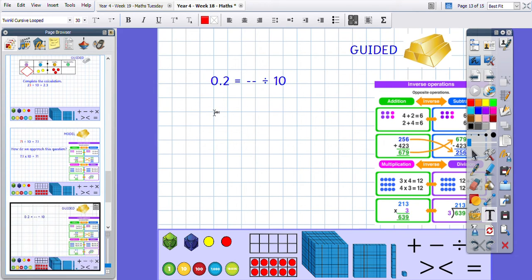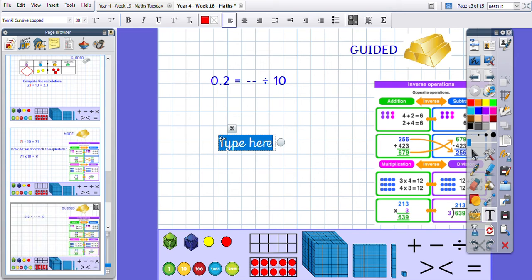Another one then, we've got 0.2 equals something divided by 10. Now this looks more difficult, but it isn't actually any different. It's just we've turned the number sentence around and put the answer at the beginning. So we're still using the inverse to calculate the answer.